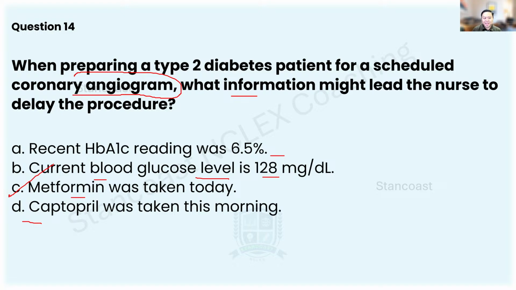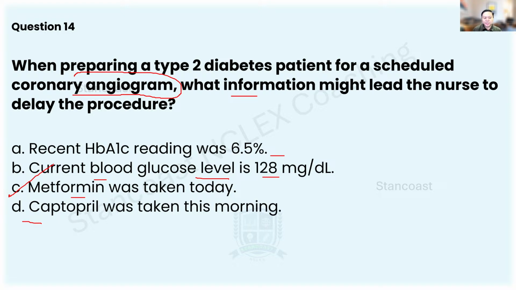And so if the patient missed, or let's say they did not really follow the instruction, if they took the metformin instead of holding that medication for at least 2 days, then it is wise for this nurse to actually delay the procedure, make sure that the medical provider is aware that, hey, your patient is taking the metformin today and he's supposed to have the angiogram, coronary angiogram today.